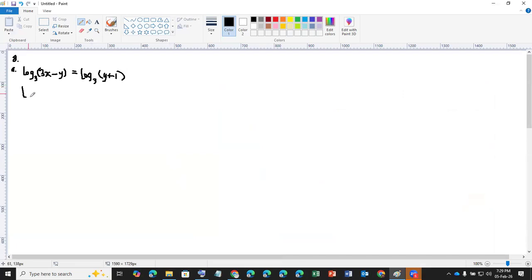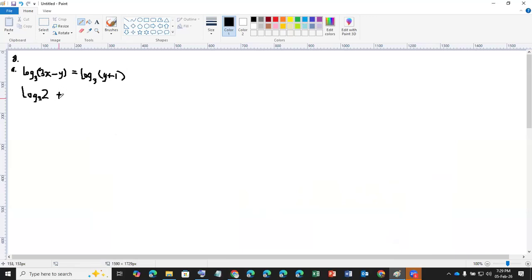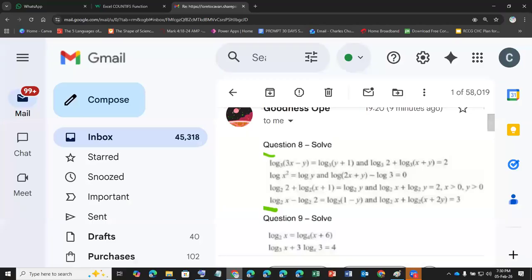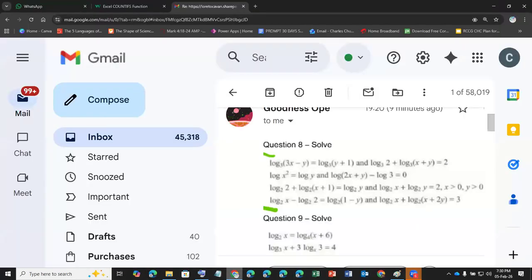So let's put it, plus 2 to the 3, that's y plus 1, and 4, x plus y.